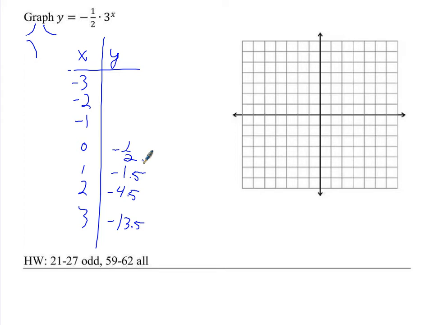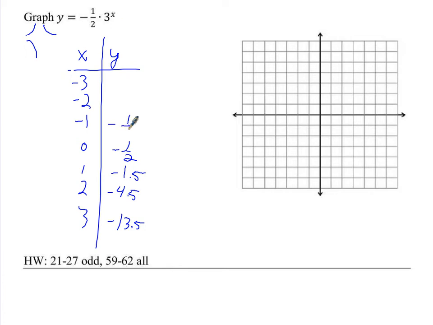All right, I plug in negative 1, and what do I get? Just think about it. I plug negative 1 in right here. That becomes 3 to the negative first power, which means 1 over 3 to the first power, which is just 1/3. So I have negative 1/2 times 1/3, which gives me what?